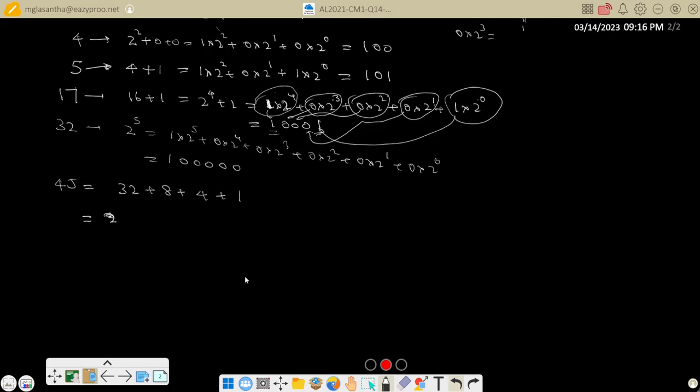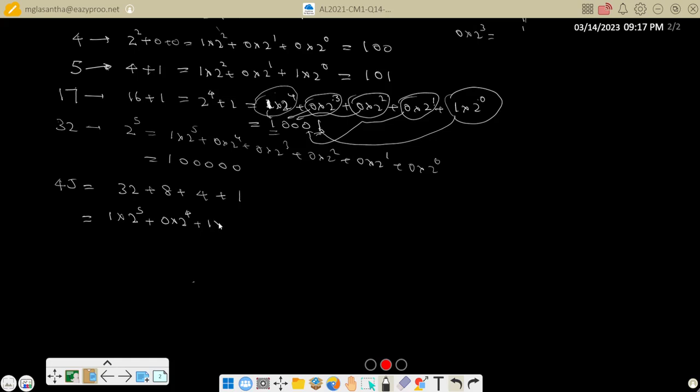So this equals 1 into 2 to the power of 5, plus 0 into 2 to the power of 4. 2 to the power of 4 means 16 terms.